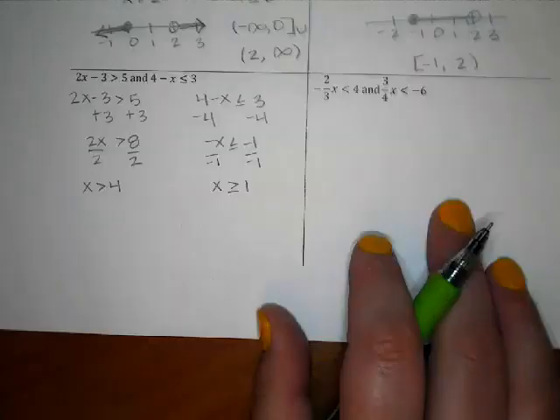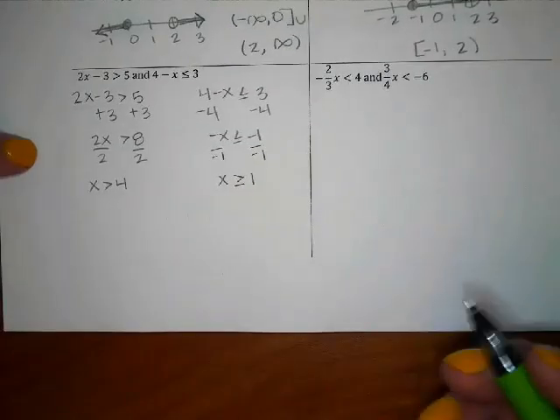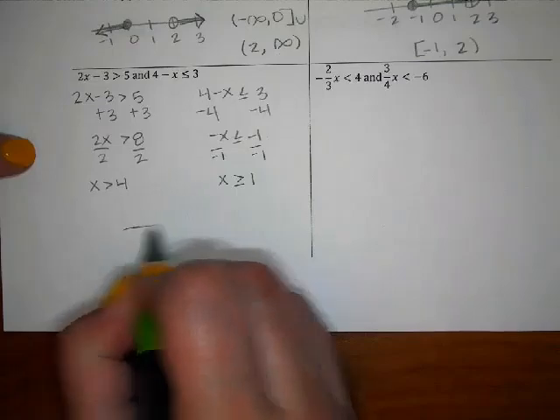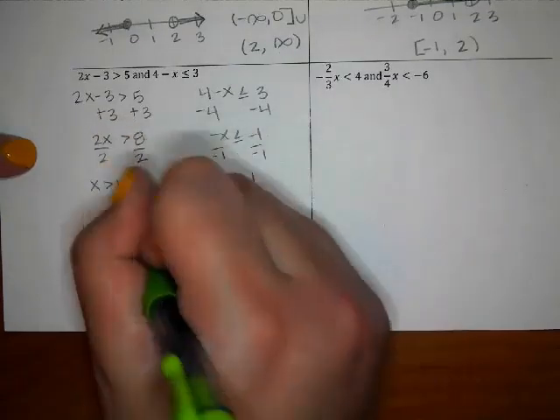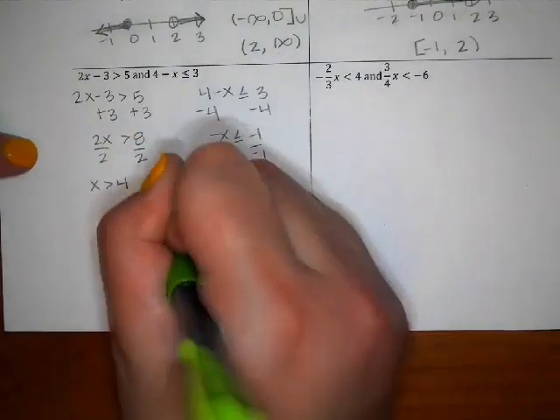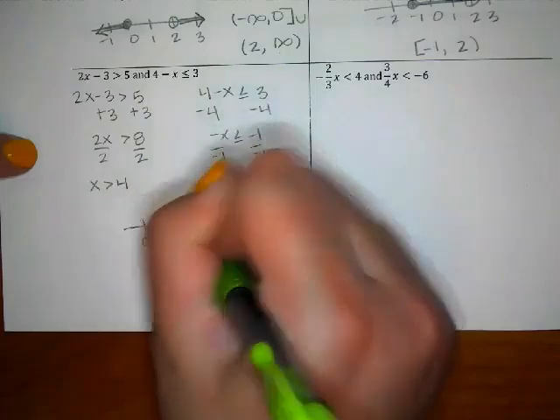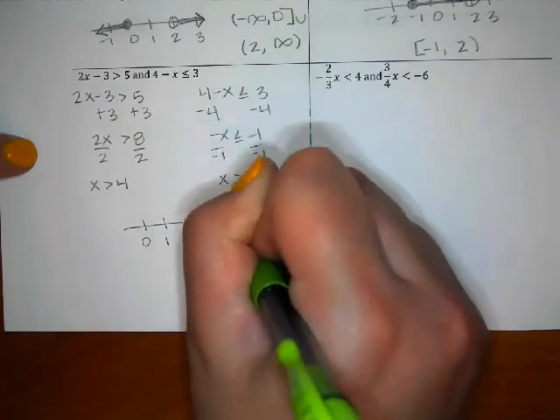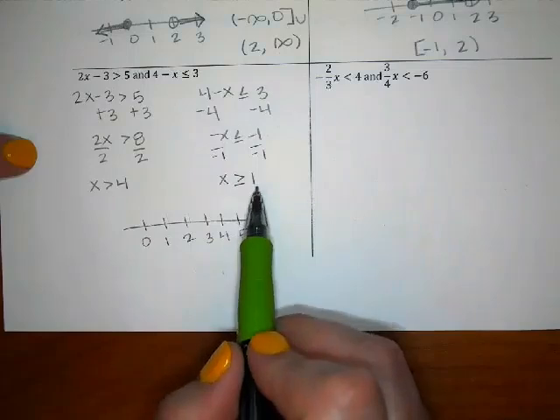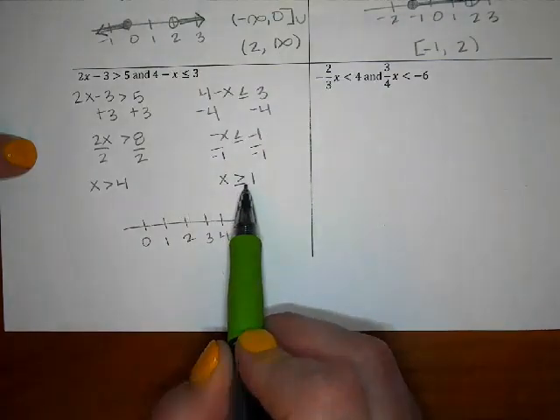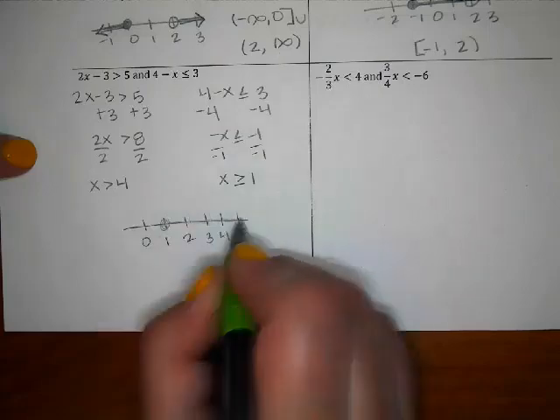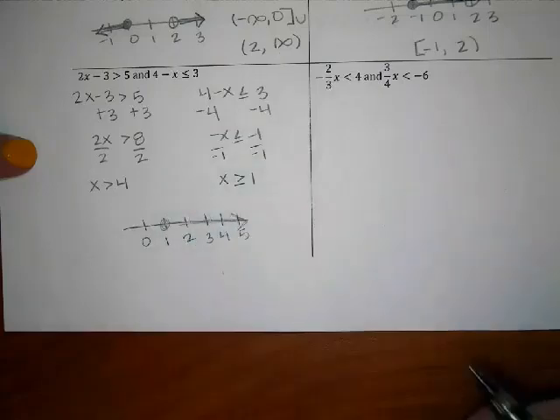So here, we don't have a sandwich being created, but we do have some overlap. So if we do 0, 1, 2, 3, 4, 5, if we look at the numbers that are greater than or equal to 1, that's all of those.